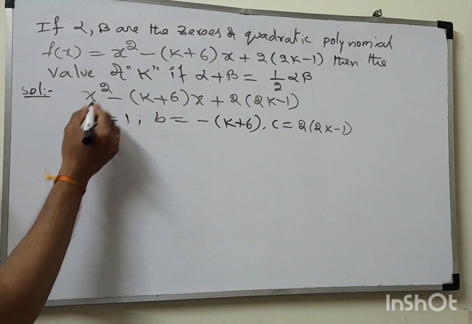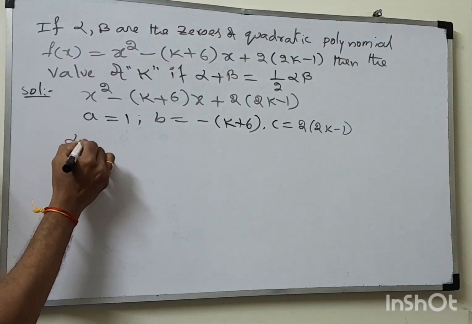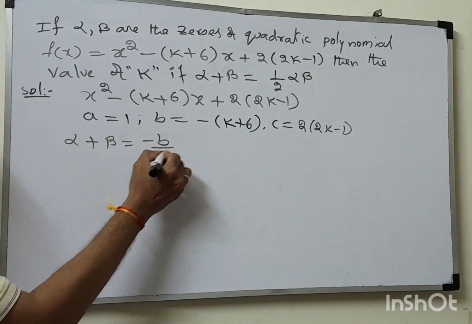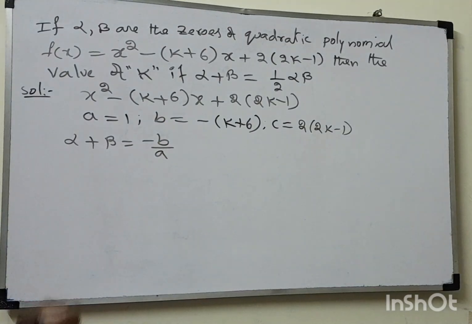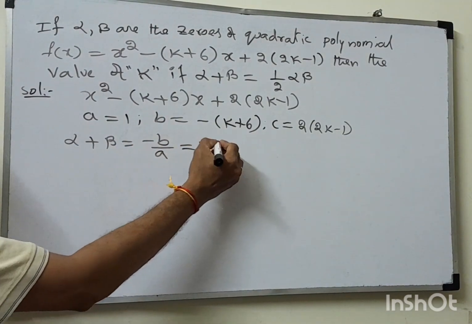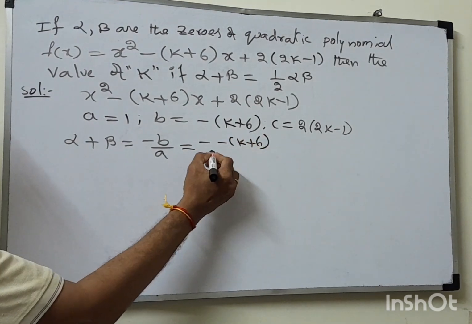Now you know that if alpha beta are the zeros, then the sum of the zeros, alpha plus beta, equals minus b by a. This is the general form.